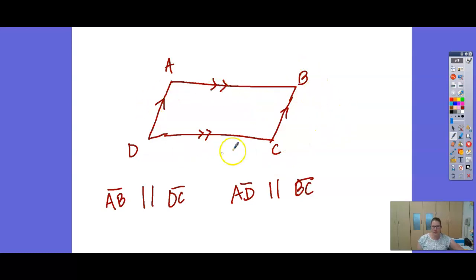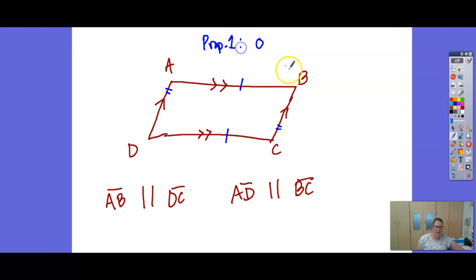But if we look at those properties, that gives us some properties of parallelograms that kind of come out of that. One of them is that opposite sides are congruent, right? If I put one dash through each side, that means these two sides are congruent. So let's do some properties here.